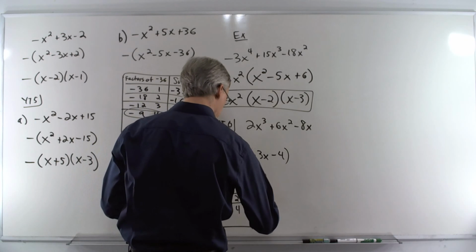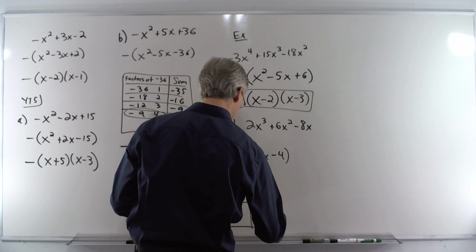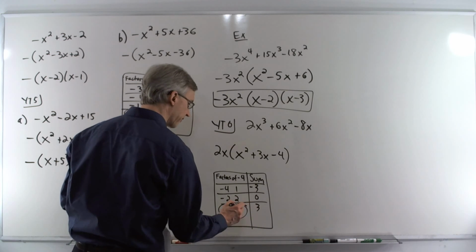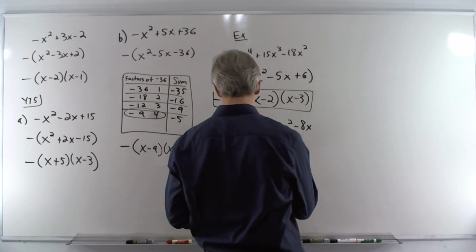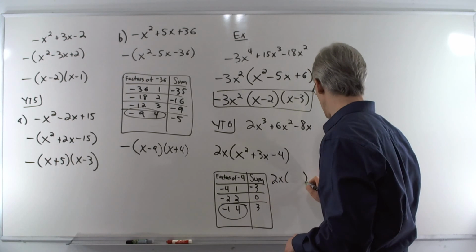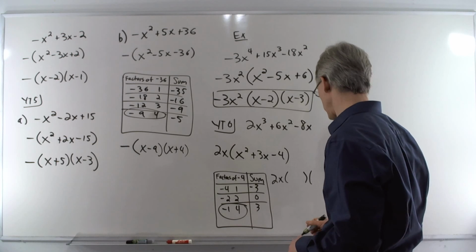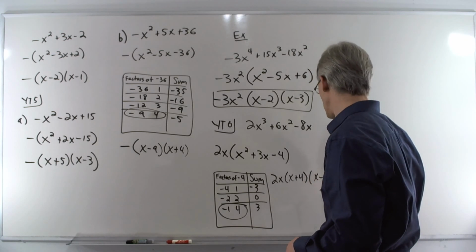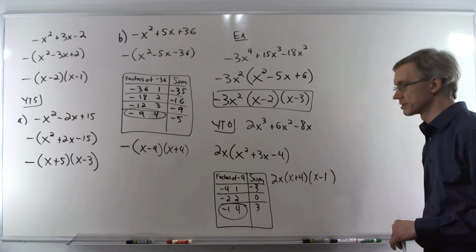Add them together, we get -3, 0, and 3. So here's our match with 3, so our two numbers are -1 and 4. So keeping the 2x on the outside, x plus 4 times x minus 1.